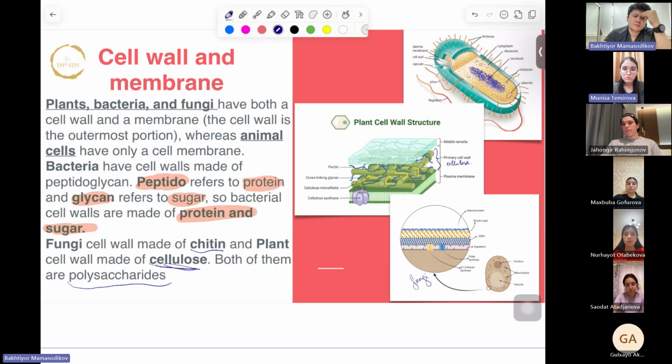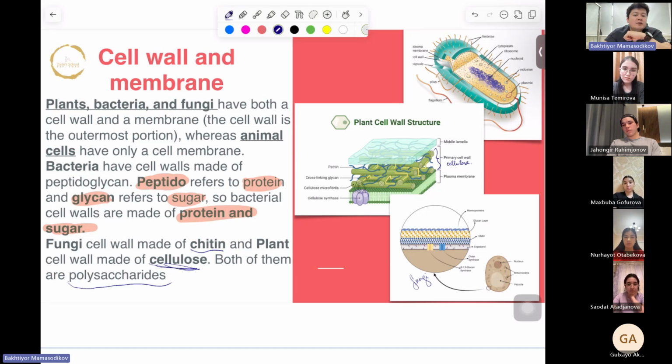In cytoplasm, there are different chemical reactions and processes which happen within the cell. Jahangir? Because it's holding all of the organelles inside the cell. Organelles. Yes, that's good.